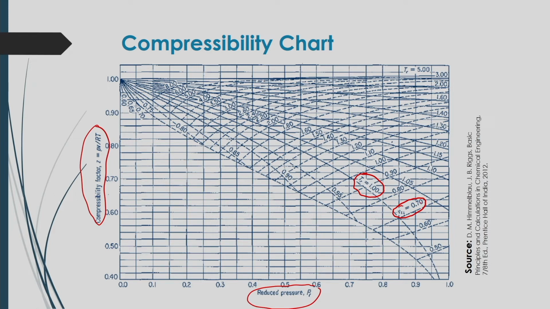Suppose the reduced molar volume is at this point, and the reduced temperature is 1, then at this particular reduced pressure, what should be the compressibility factor? Here you can get it from this point. In this way you can read the compressibility factor from this chart.